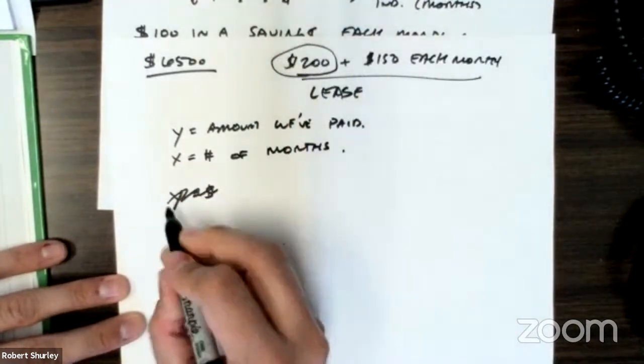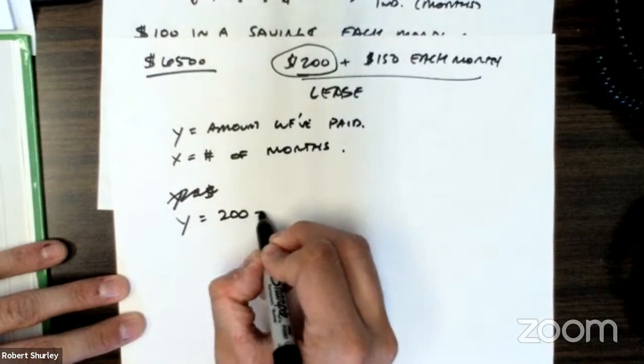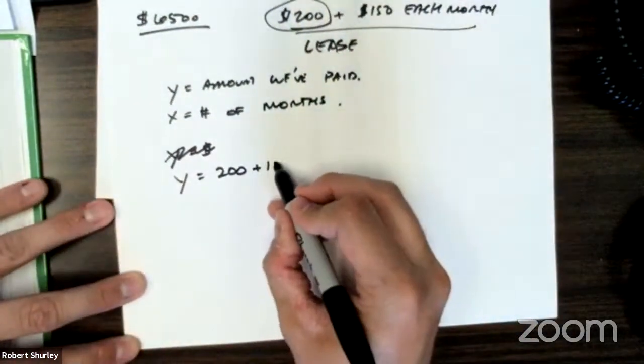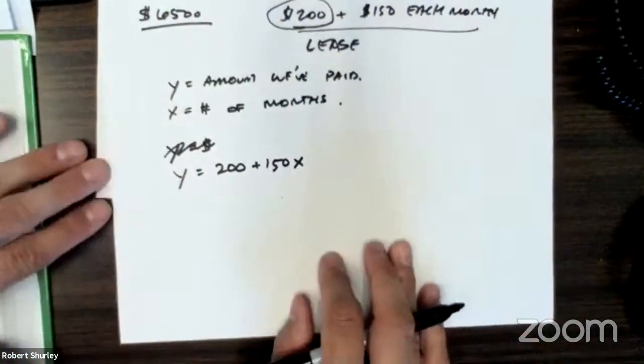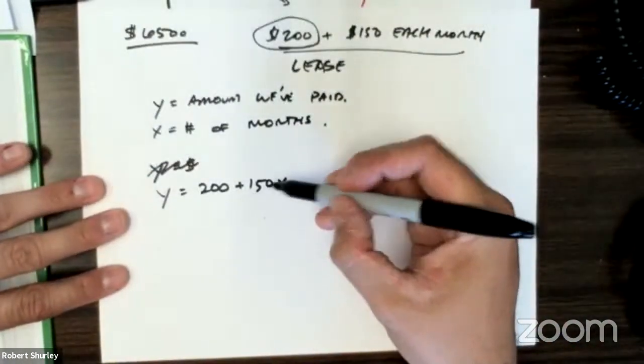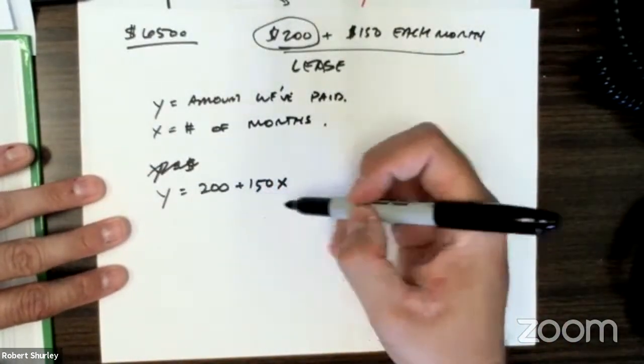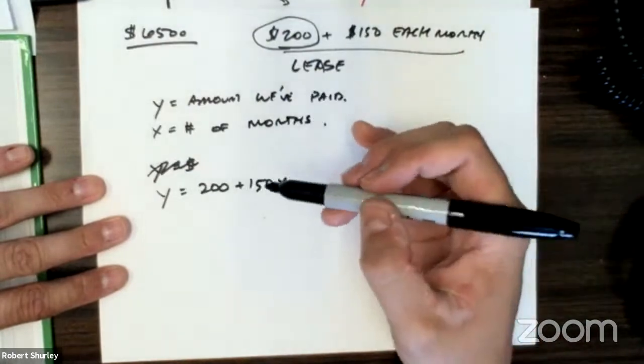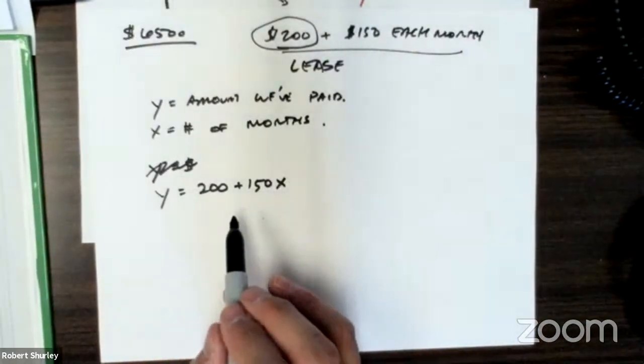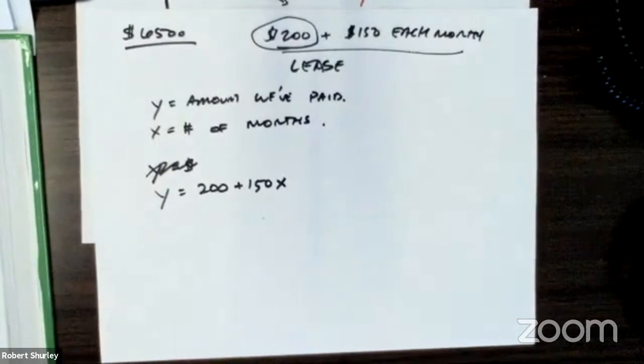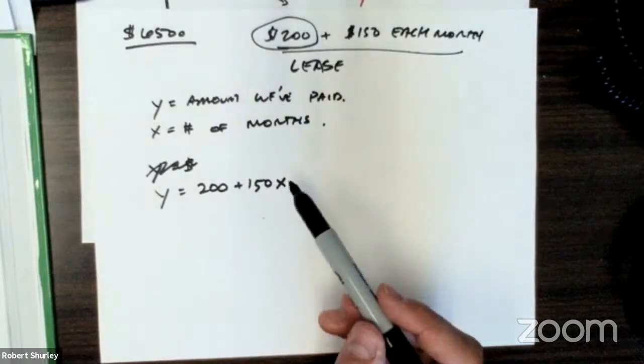So after 1 month, 1 times 150, we've paid a total of $350. After, let's say, 12 months, it's 200 plus 150 times 12, so we've paid $2,000 after 12 months.